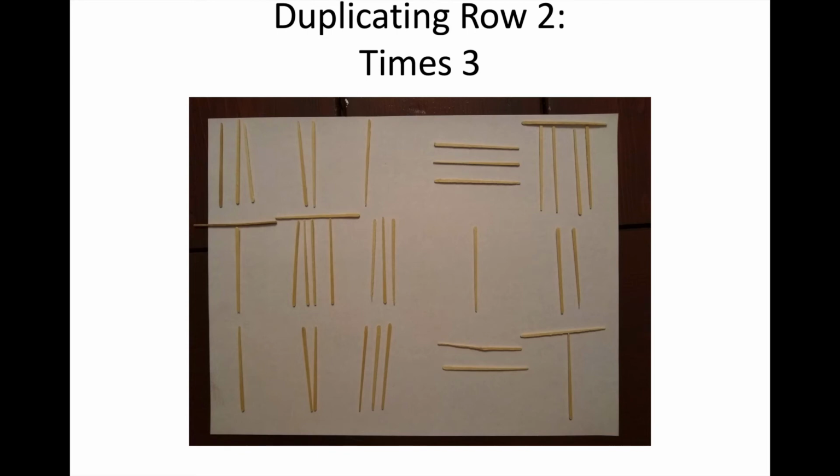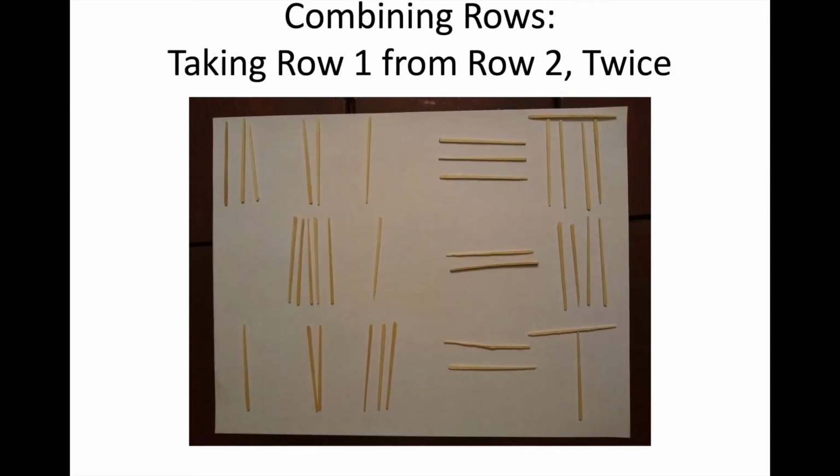So if I keep subtracting the first row from the second row, subtract all the things in the first row from all the things in the second row, kind of like we did for addition, just subtracting instead of adding, I'm going to keep doing it until I can wipe out that first column. The first column in the second row has a 6 in it. So if I take away the values from that first row twice, then that first column in the second row will disappear, and then I can see what I've got left.